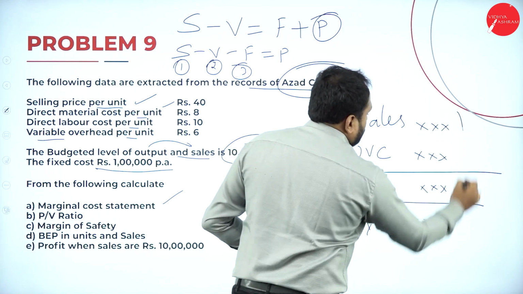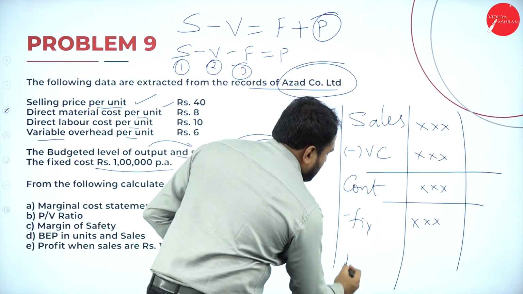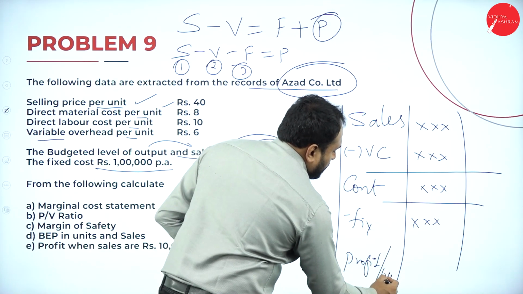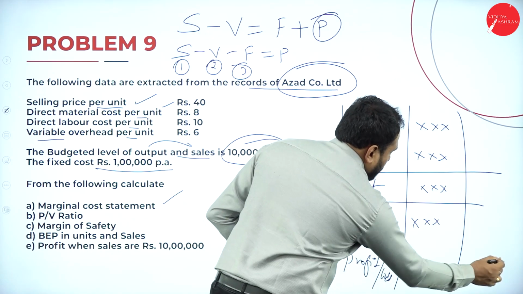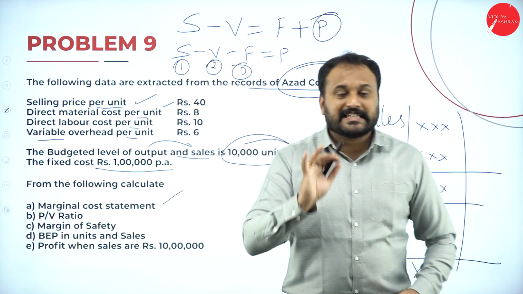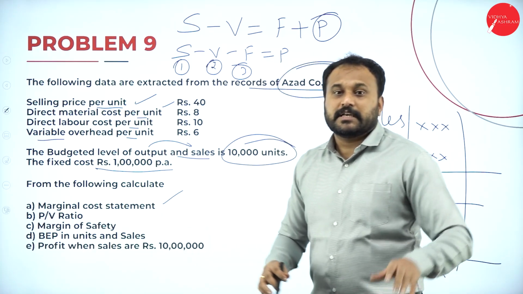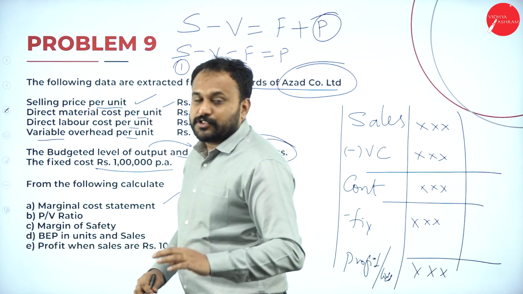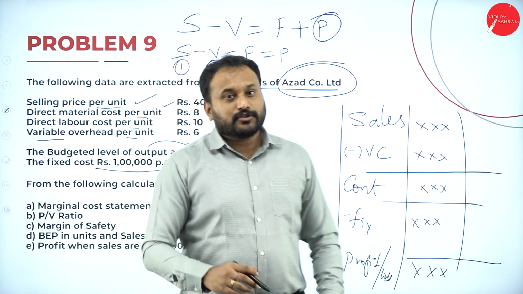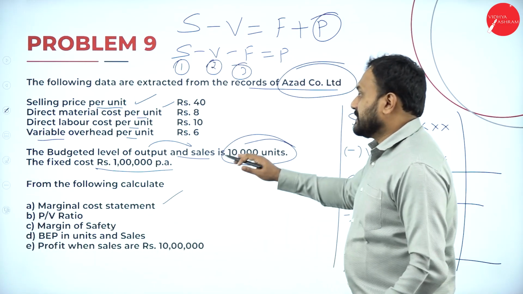The last one, whatever you get, this is profit or the loss. So this format you are supposed to know, that is called marginal cost statement. Sales minus variable cost, that is what you get. Contribution minus fixed cost is your profit. So let's go with the marginal cost statement here.